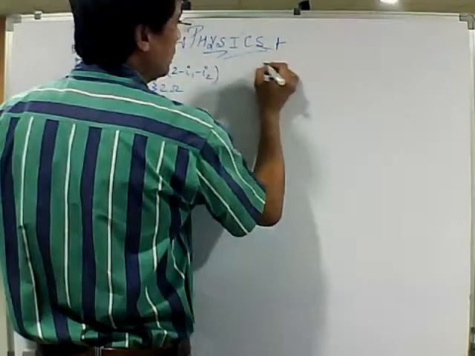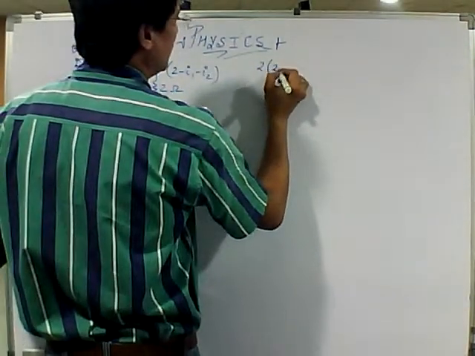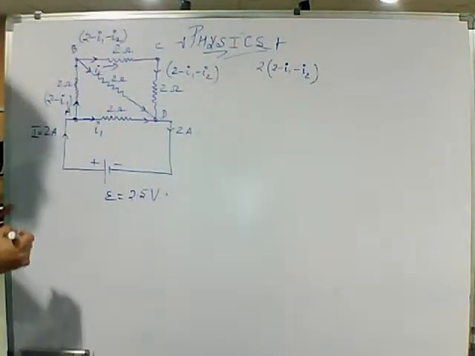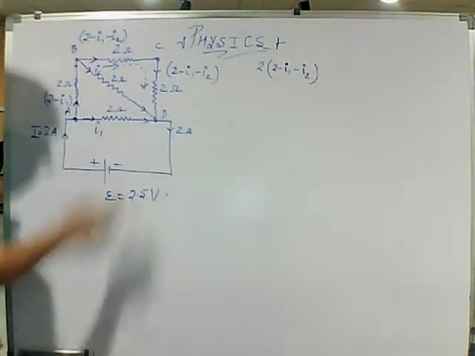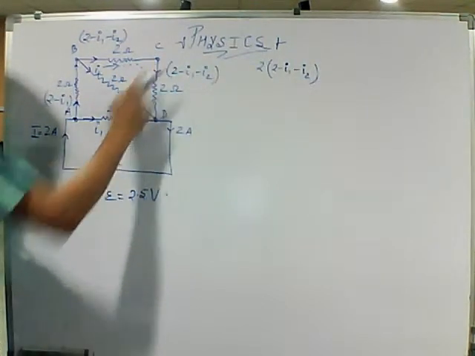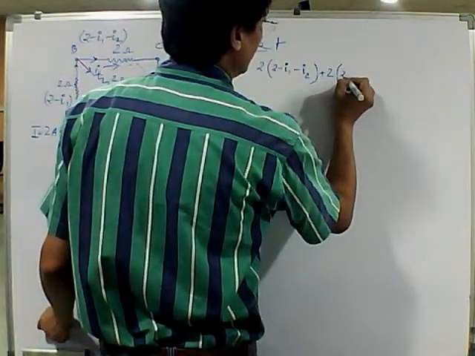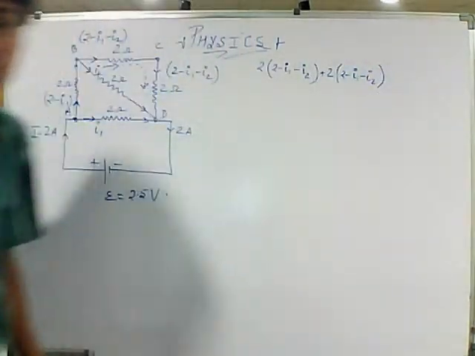It would be 2 IR, 2, and current is 2 minus I1 minus I2. Perfect. Chalo, I'll move ahead, and I come over here. So now again the current directions are the same, so it will again be positive. So it will be plus 2 minus I1 minus I2. Yes?